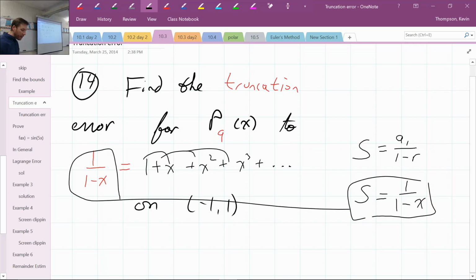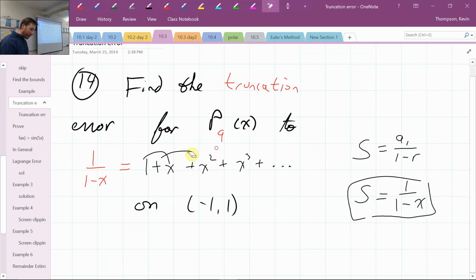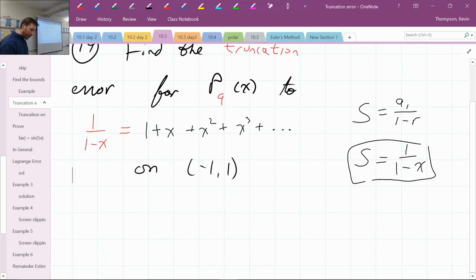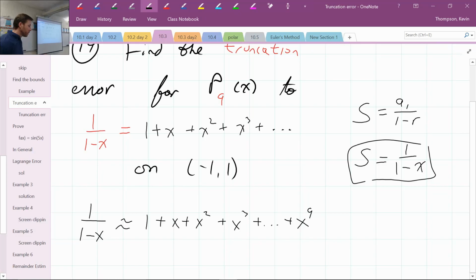So the truncation error then says this. If I write the 9th degree, so if I would actually have this go out, and I would say this, 1 over 1 minus x is about 1 plus x plus x squared plus x cubed plus ... plus x to the 9th and stop. I want to know how bad this would be.